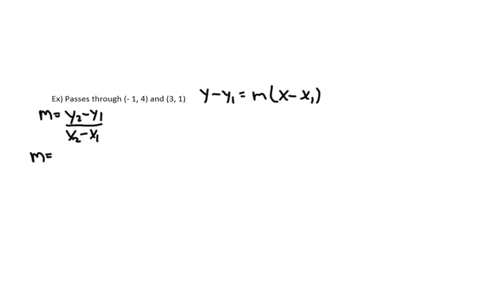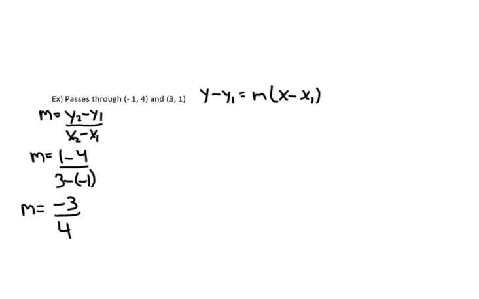So the slope then would be 1 minus 4 divided by 3 minus a -1. 1 minus 4 is -3. 3 minus a -1 is 4. So the slope is -3/4.